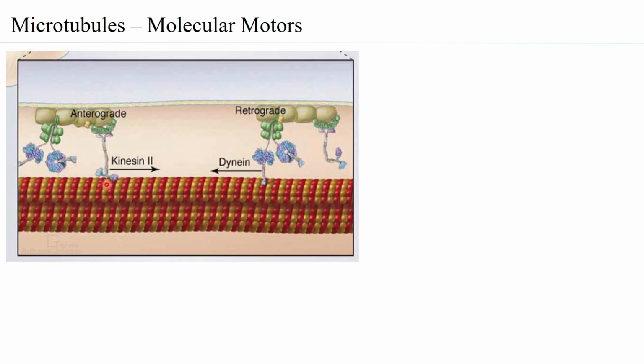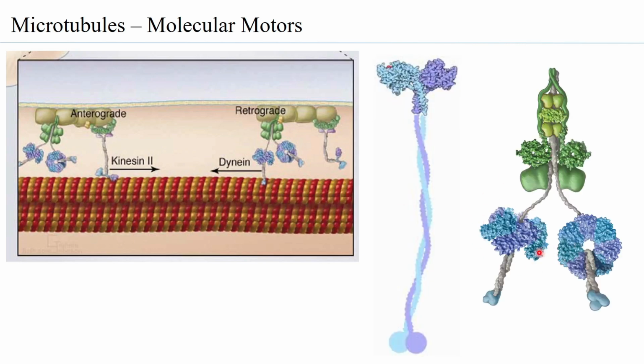So the kinesins and the dyneins both have complex quaternary structures. As you can see here, the kinesin basically has two heavy chains, and the stalk region is a coiled-coil structure. So there are two alpha helical polypeptides coiling around each other to form a coil structure. It has the head domain.